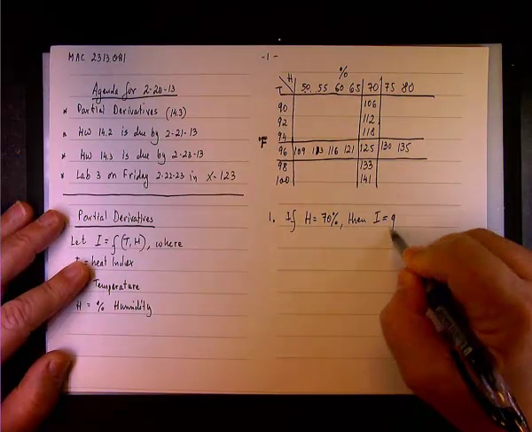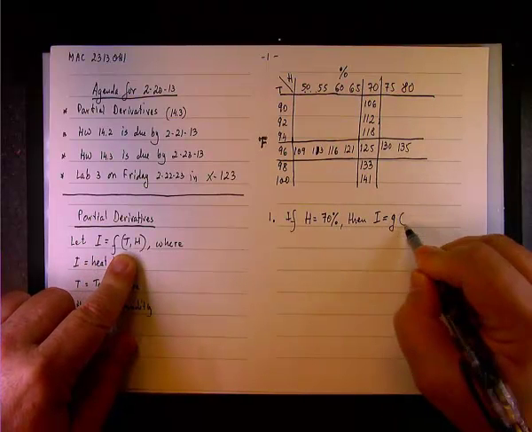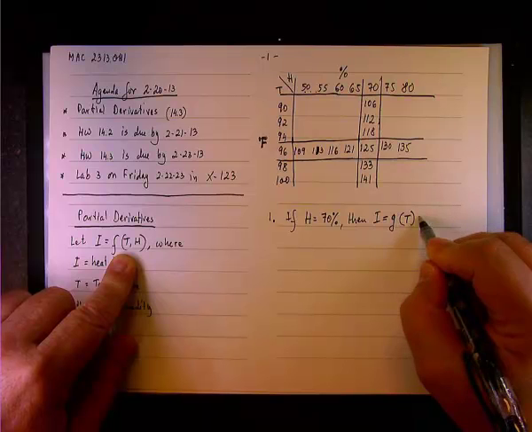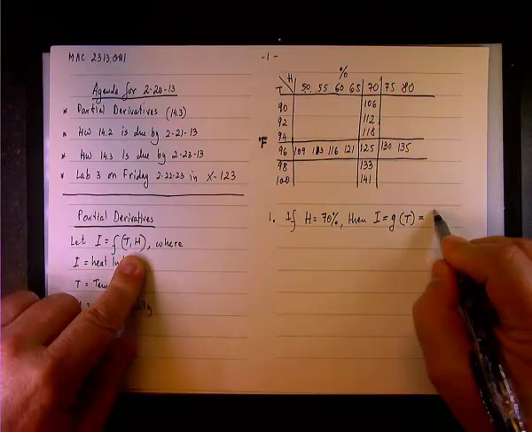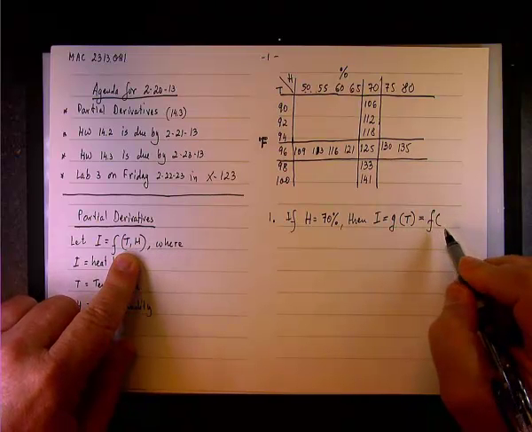then we're going to define a new function for the heat index I. Because we fixed the humidity, we can treat the function I as a single variable function, g of t.